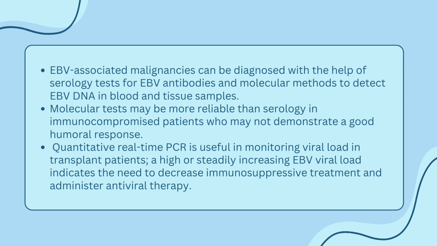Quantitative real-time PCR is useful in monitoring viral load in transplant patients, and a high or steadily increasing EBV viral load indicates the need to decrease immunosuppressive treatment and administer antiviral therapy. Detection of EBERs or EBV-encoded RNA transcripts by in situ hybridization is the method of choice for detecting EBV in tumor tissues.